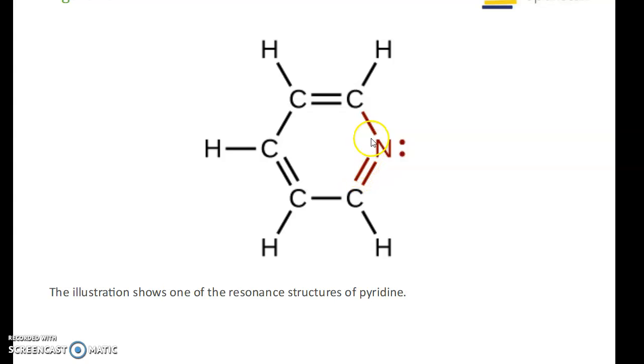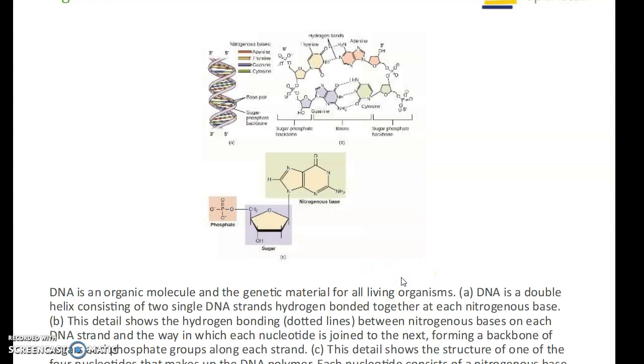Now here what you have is a structure where the carbon in a benzene ring is replaced with a nitrogen. You still have the resonance there, but you have an extra pair of electrons here. And this is a pyridine type of structure. DNA consists of amines and carboxylic acids and is arranged as follows.